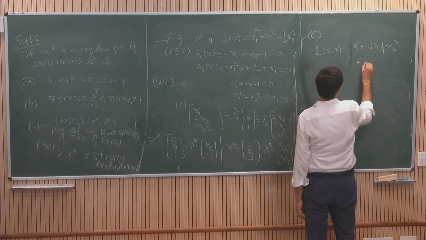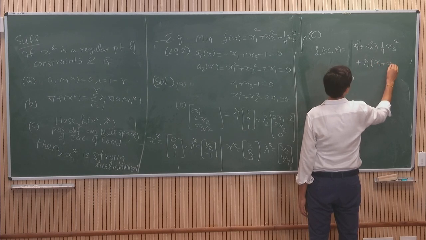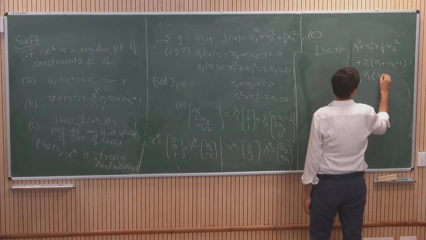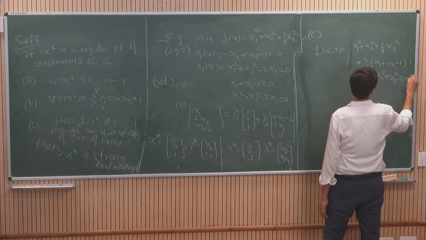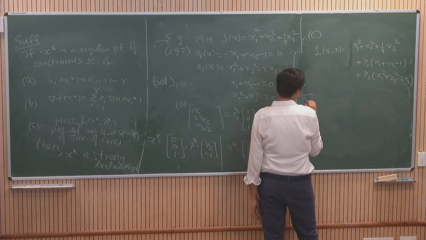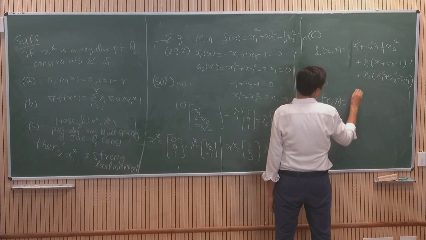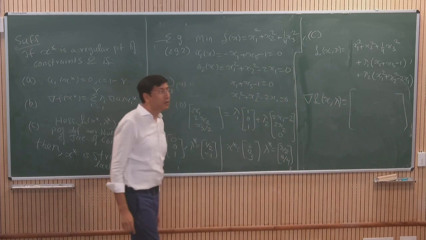You can avoid writing the Lagrangian also, plus lambda 1 times x1 plus x3 minus 1 plus lambda 2 times x1 square plus x2 square minus 2x1. So now the question was, what is the gradient of the Lagrangian? I am not writing stars everywhere. Why do I need to find the gradient?